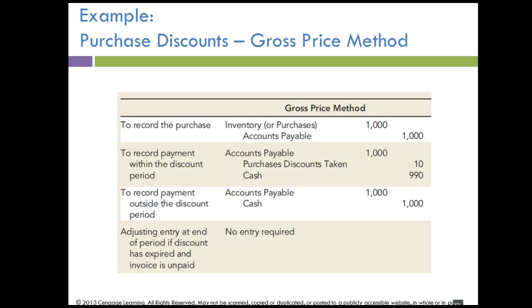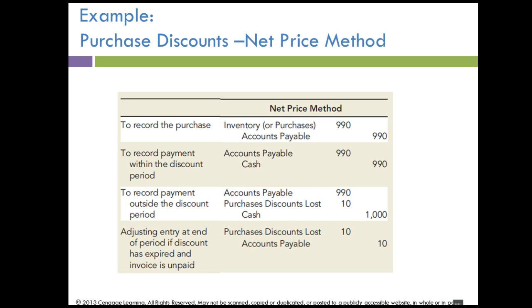So in that case, we would show purchase of 1,000, credit our accounts payable, and then we would show when we pay it. If we have taken that discount, we would debit our accounts payable, credit our purchase discounts, and credit our cash. If we did not take advantage of the discount, then we would just debit our accounts payable and then credit cash.